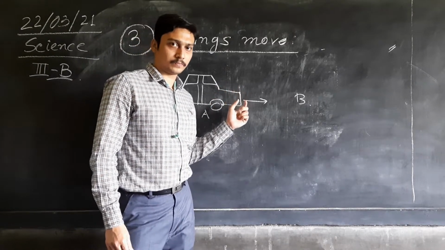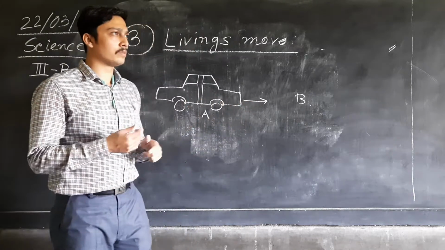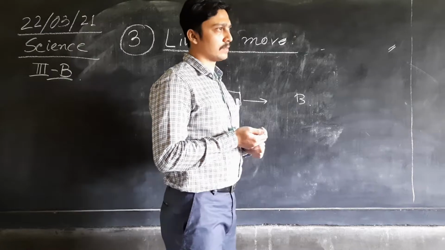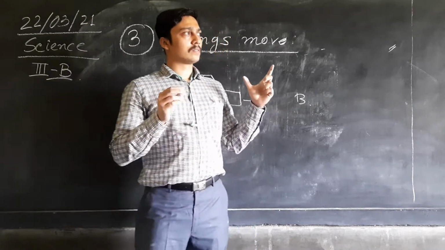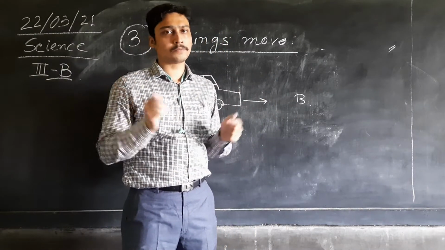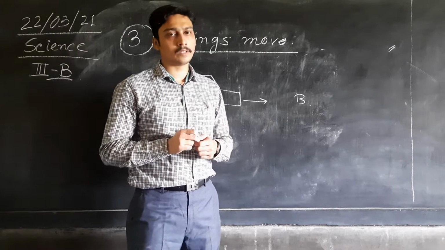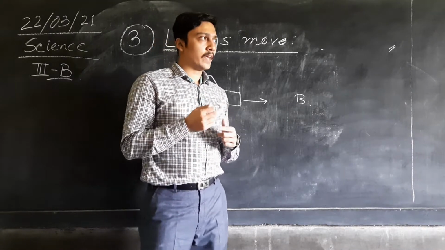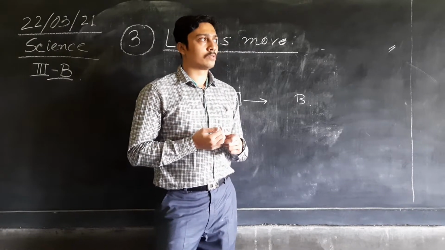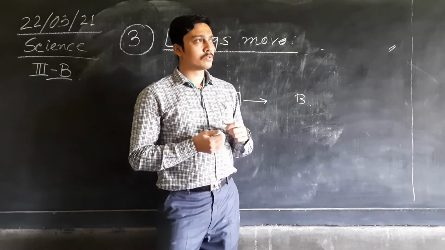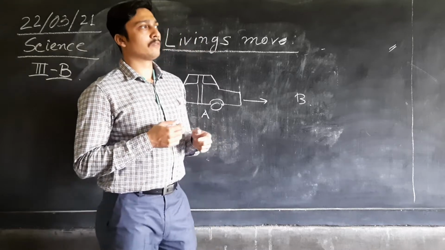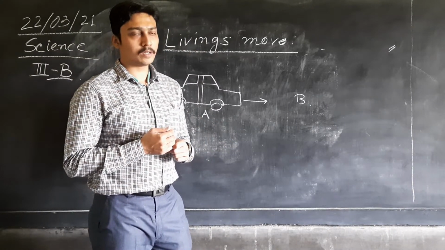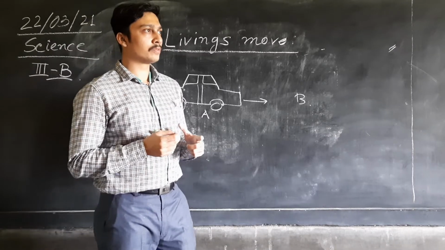If you see a cycle, a motorbike, an aeroplane, a helicopter, all are non-living things. An aeroplane has to be flown by a pilot.